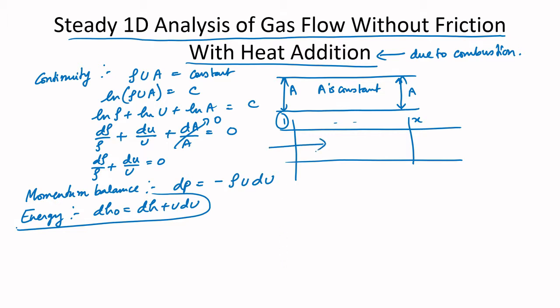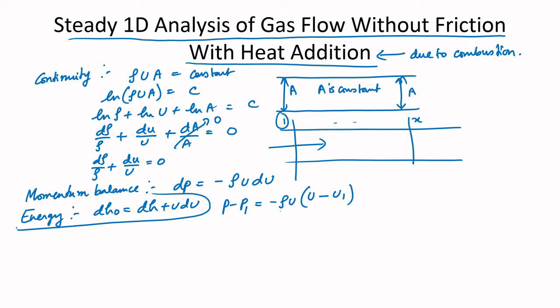The flow is happening from the right to the left. So, 1 is my inlet station. Okay. So, if I integrate between 1 and any point, what I get is that P minus P1 is equal to minus rho u times u minus u1.